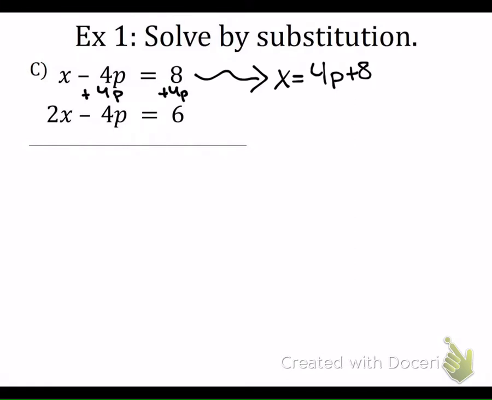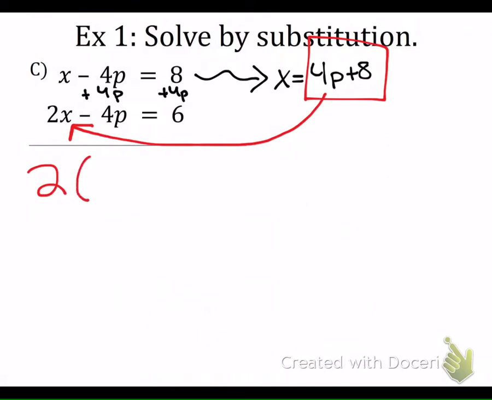And then I'm going to plug this value in for the x in the second equation. So I have 2 times 4p plus 8. And then just keep on going. So minus 4p equals 6. Then what?